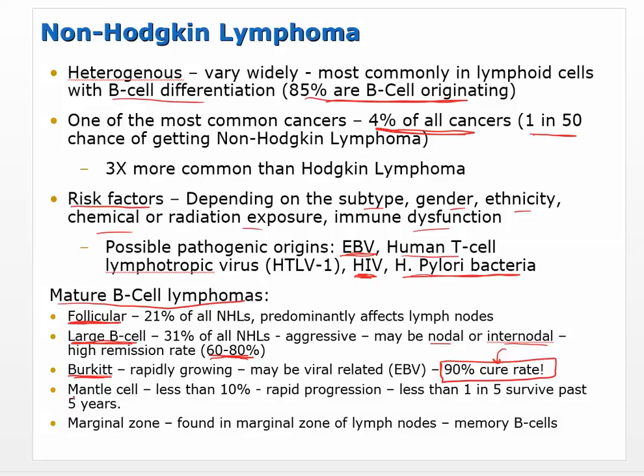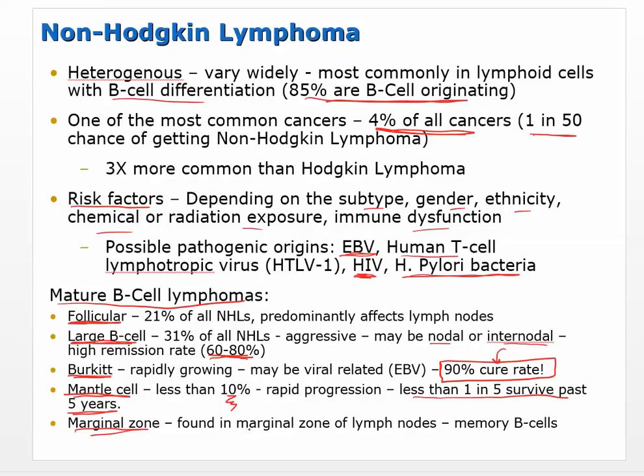Mantle cell, so that also leads us back to the lymph node. Less than 10%, rapid progression, and these are not so good, less than 1 in 5 survive past 5 years. Okay, so that's not very good, but fortunately it's not as common either. And then marginal zone.